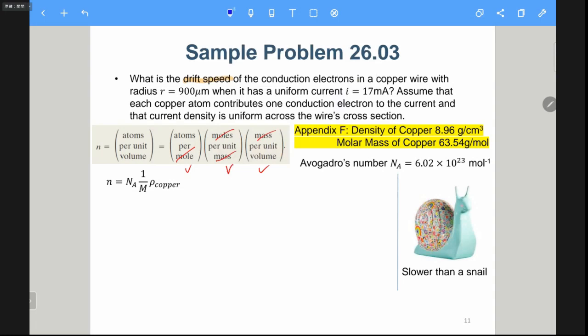So we have this expression, and we can just plug in the values.